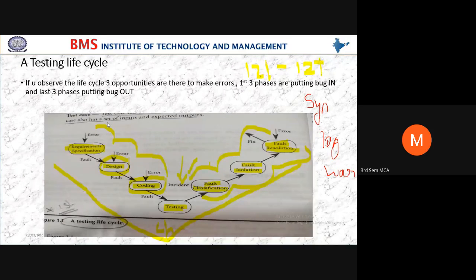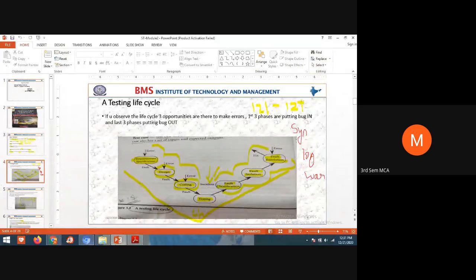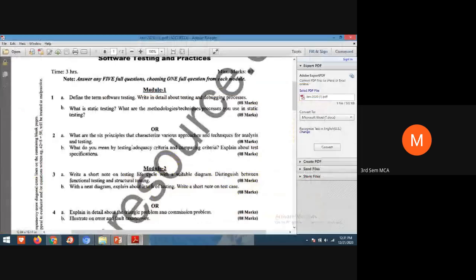You can also say this as a V model diagram. So you have to explain that diagram, draw and explain the diagram, and distinguish functional testing and structural testing.